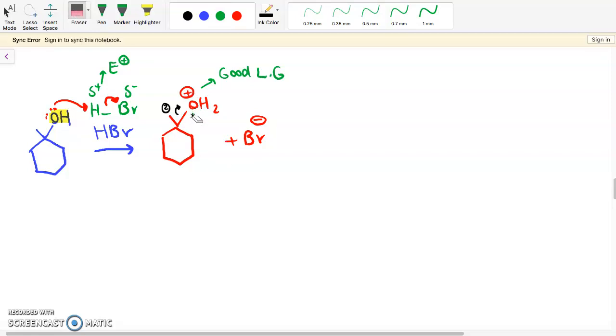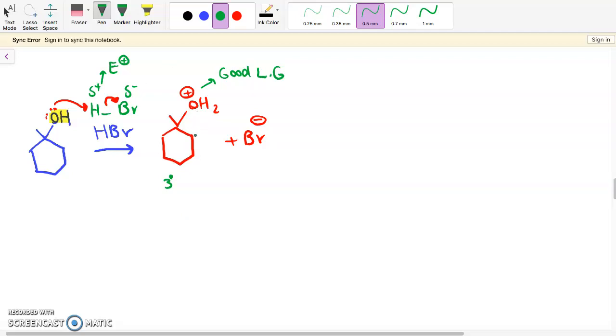So the way that I would look at this, the easiest way to determine if it's an SN1 or SN2, is to determine what kind of carbon or substrate you have. So here we have a tertiary substrate. I know that tertiary substrates usually do not undergo SN2 reactions, rather they undergo SN1 reactions.